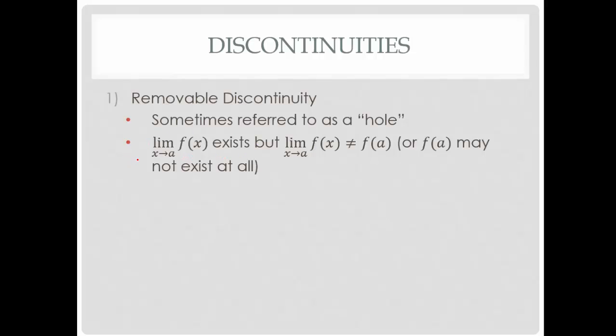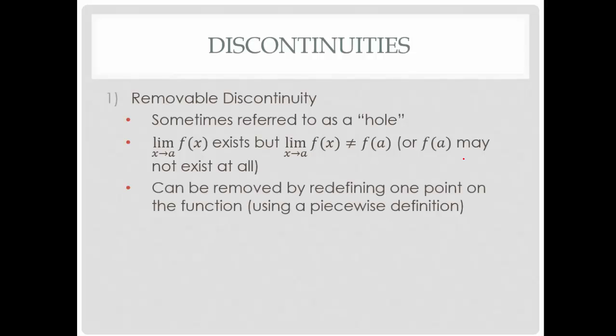The limit as x approaches a from the left equals the limit as x approaches a from the right on the function. But either the limit is not the same as what you get when you plug a into the function, or f of a may not exist at all. It may be undefined at a.